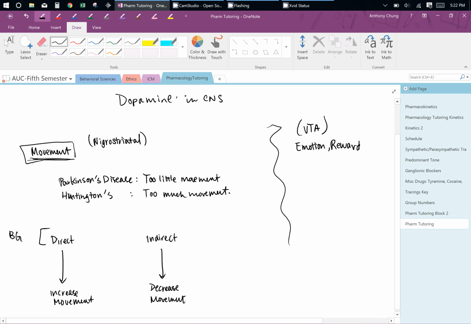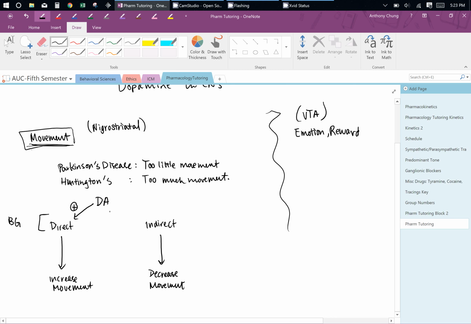So Parkinson's, you guys have talked about how the treatment for Parkinson's is related to dopamine, right? Basically, these Parkinson's people cannot make enough dopamine. This is where it comes in. Dopamine is made in the substantia nigra, and what it normally does is increase the direct pathway.